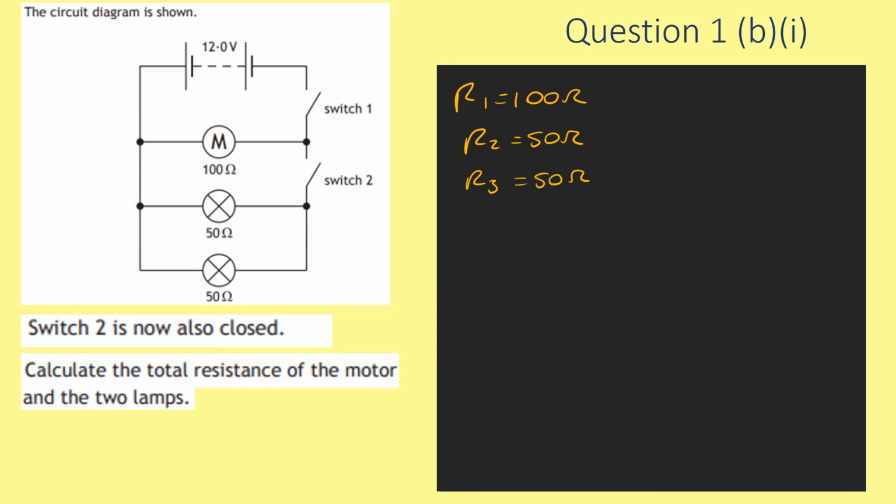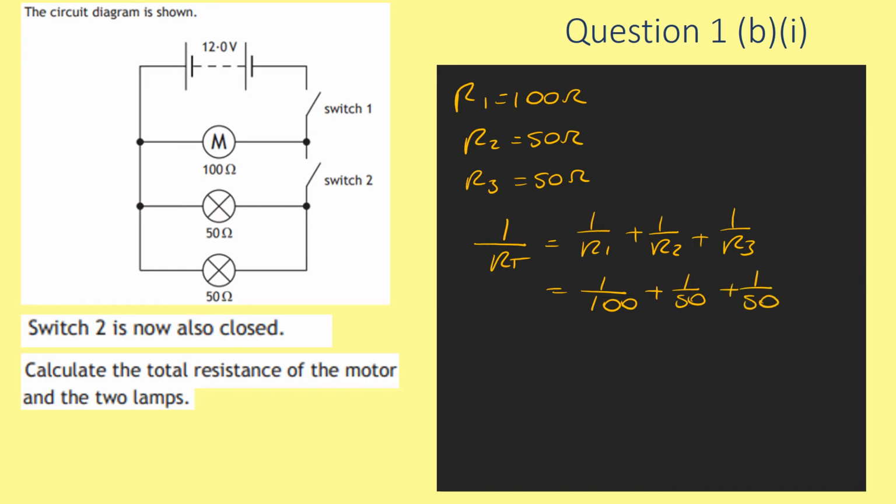We're looking at a parallel circuit here. So the resistance rule in parallel, 1 over RT is equal to 1 over R1 plus 1 over R2 plus 1 over R3. So that's 1 over 100 plus 1 over 50 plus 1 over 50.